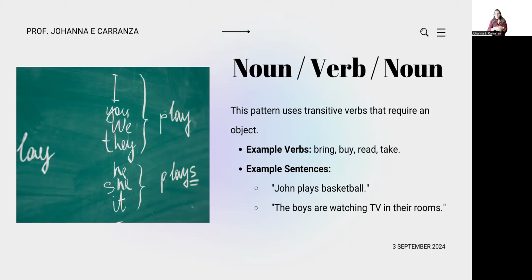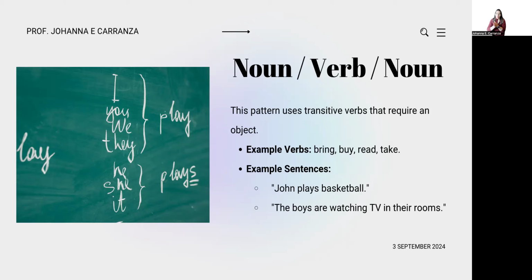So examples of this are John plays basketball and the boys are watching TV. As you can see, the verb is plays, and the object is basketball, which is a noun, right? And in the second sentence, the boys are watching TV, are watching is the verb, and TV is the noun.